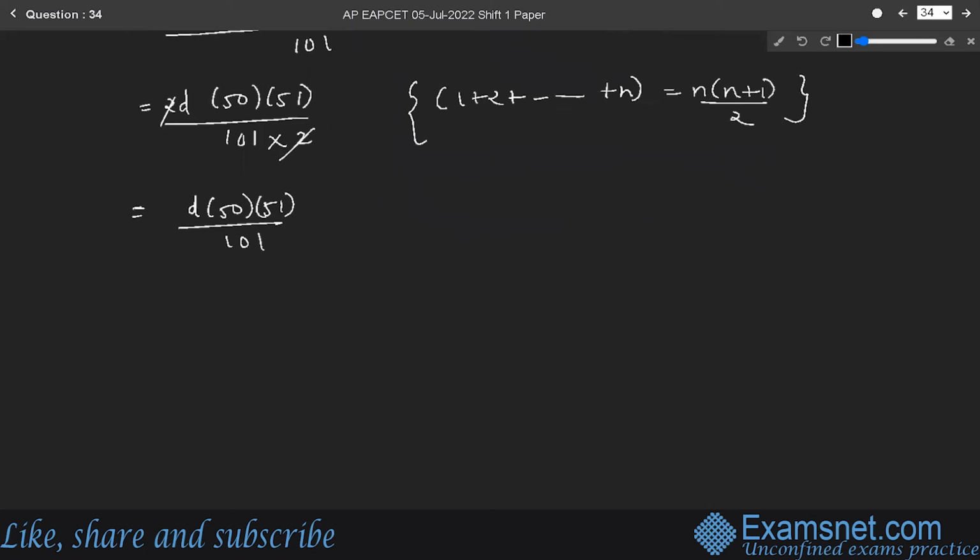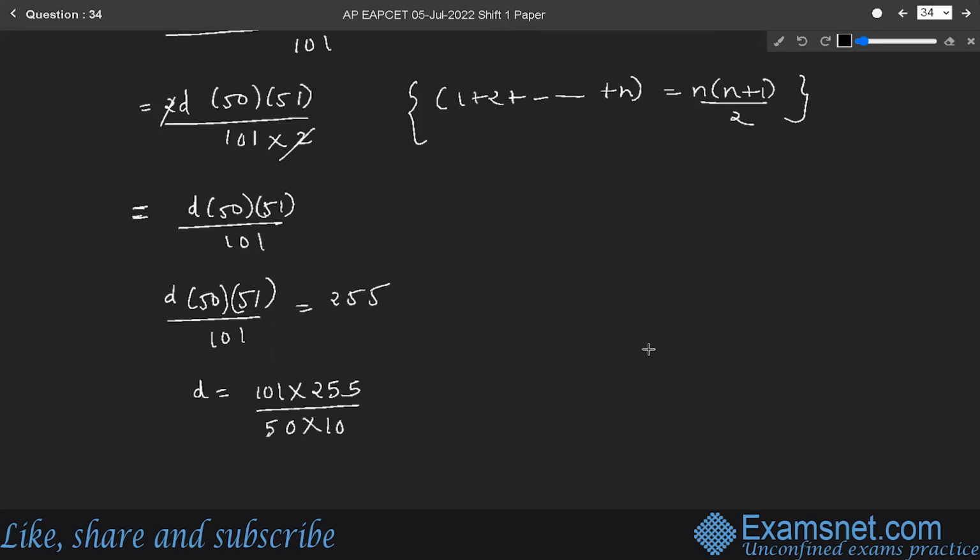And this is the required value for mean deviation. So d into 50 into 51 divided by 101 is equal to 255. So d will be equal to 101 into 255 divided by 50 into 51.